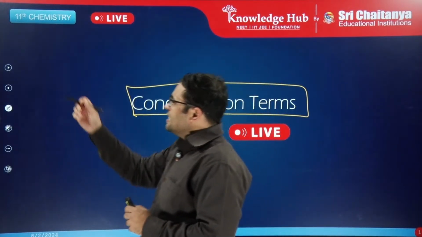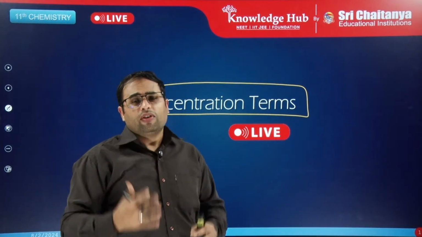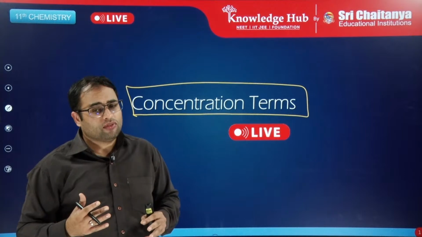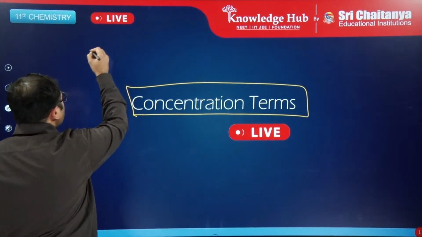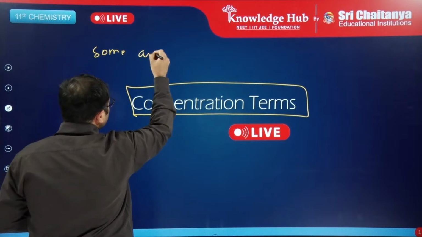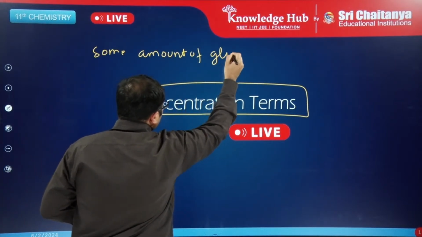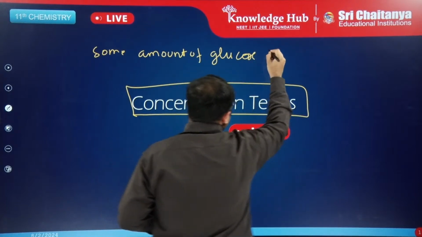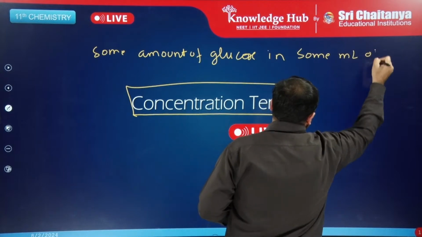Well, see, whenever you get sick and you have to be given glucose into your blood directly, then there has to be some amount of glucose in some ml of water.